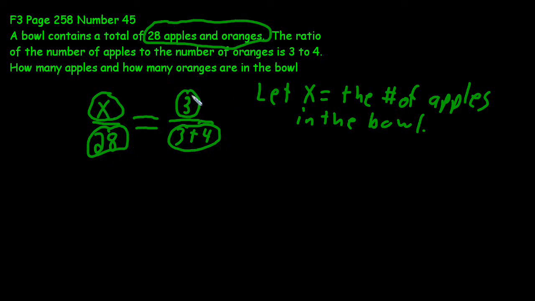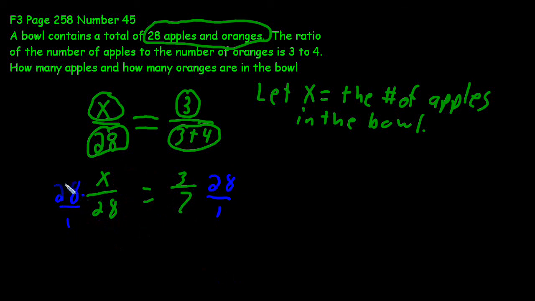So we have x over 28 equal to 3 over 7. Now you want to solve this equation. There are different ways you might do that, but we have 28 here. If we multiply each side of the equation by 28, then we get 28 over 1. On the left side, 28 divided by 28, you just have 1x, or plain old x.